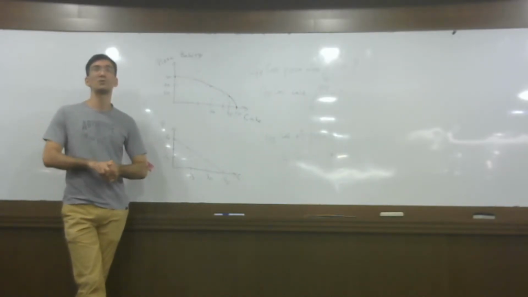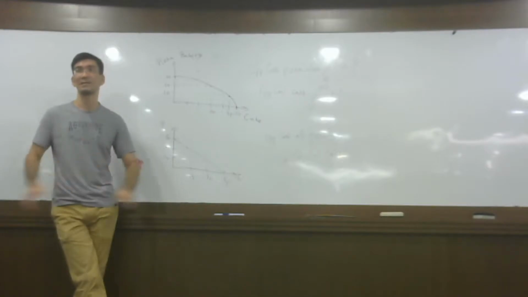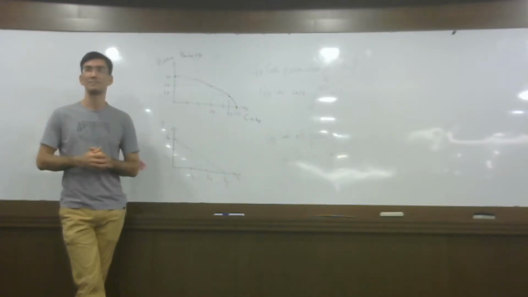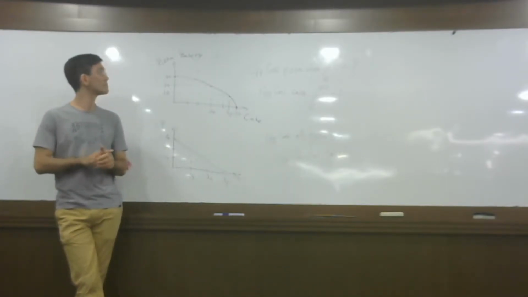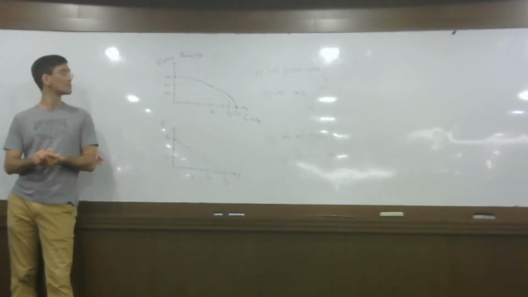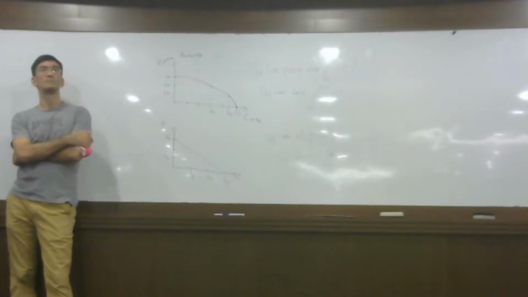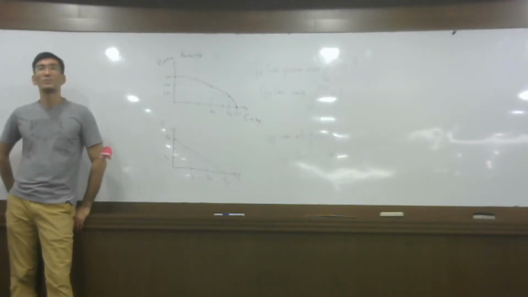So how much is the opportunity cost per pizza when we increase the production from 10 to 20? How much is that? How much would that be?